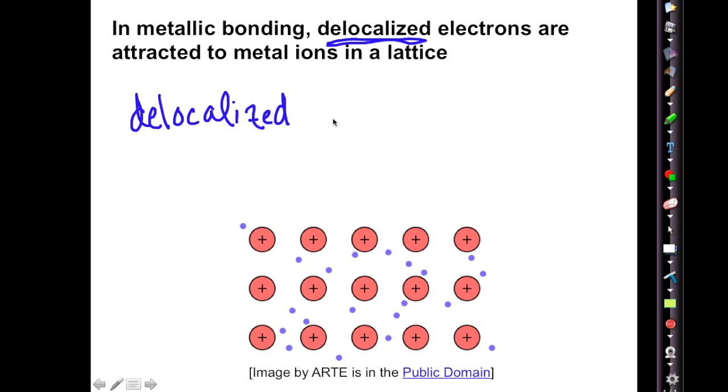Because of the weak attraction between the nucleus of the metal atom and the outer electrons, the outer electrons are not bound to any particular atom or any particular nucleus, let's say. So delocalized electrons, not bound or localized to any particular nucleus.